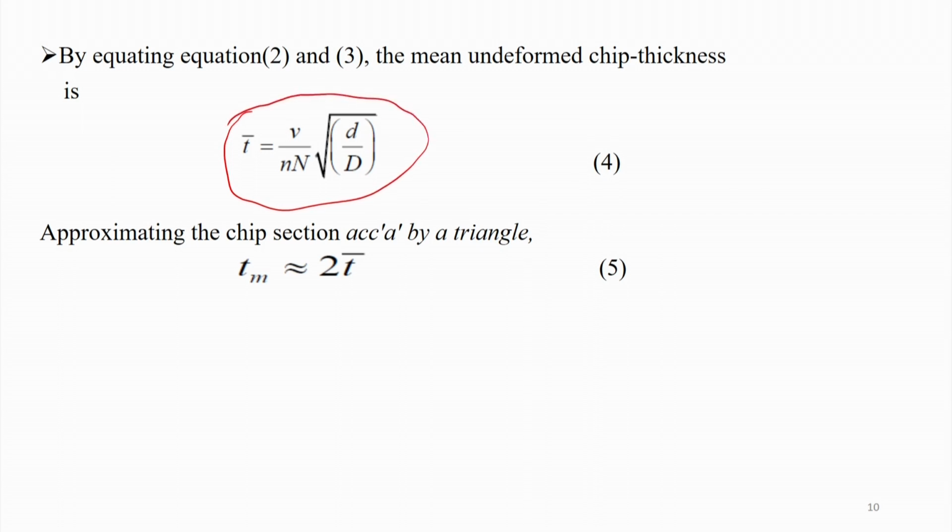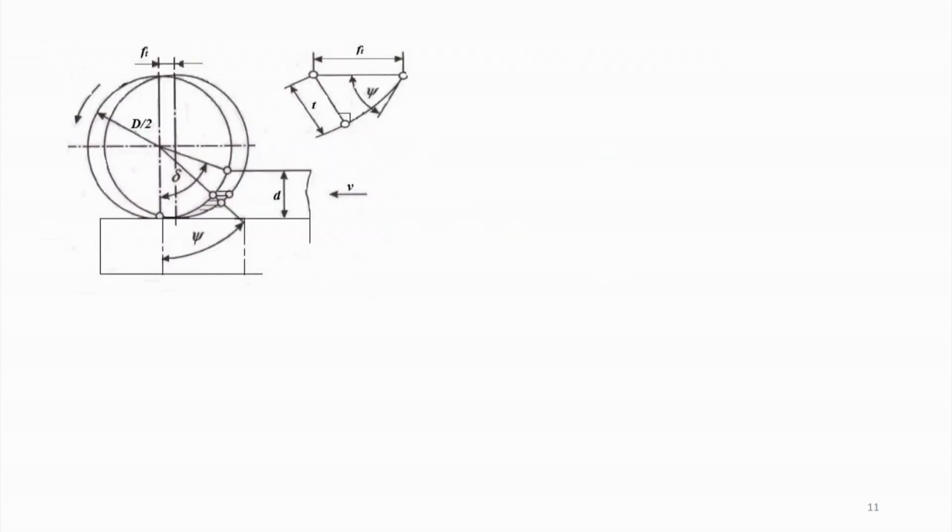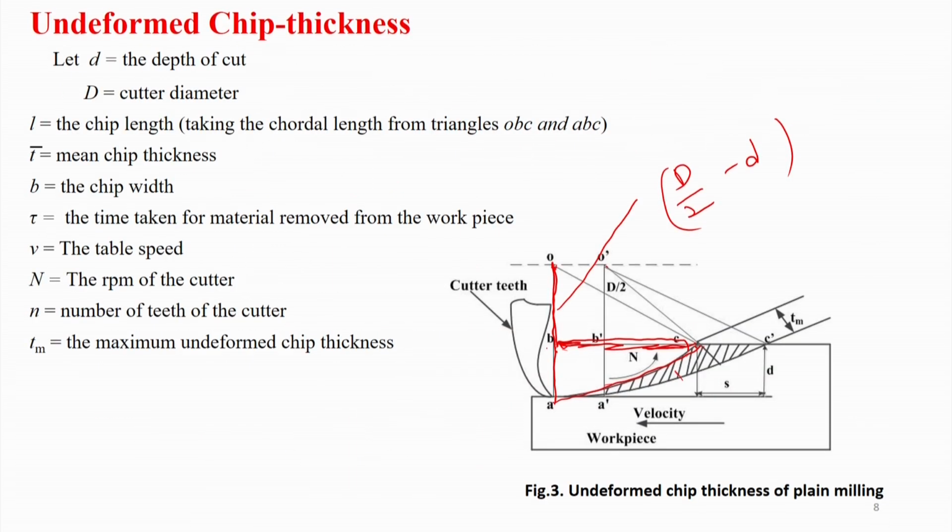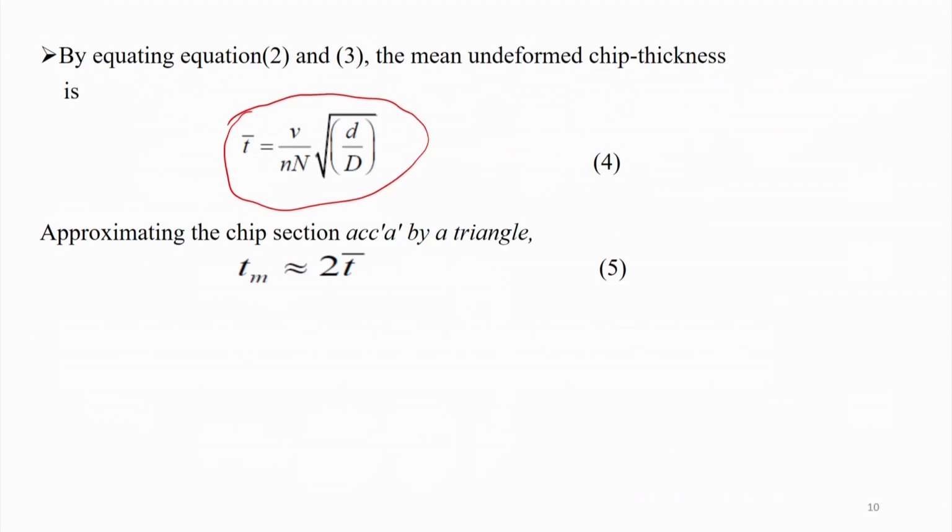Now, we can also approximate the chip thickness by a triangle. Chip section is shown here, that can be like a triangle. So, therefore, in the triangle if the average is this, therefore, Tm is approximately 2T. Okay, so, that type of expression has come. This expression is showing that the chip thickness will increase if the depth of cut is increased, but if the cutter diameter increases, then the chip thickness will decrease.